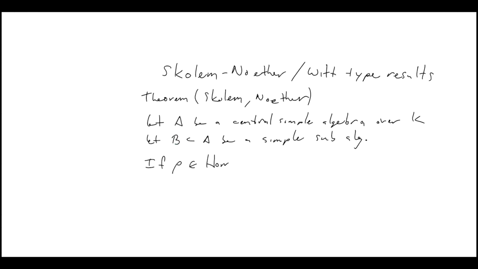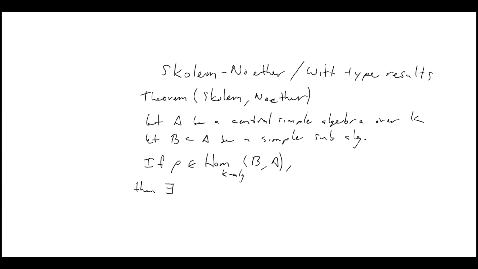Now, if we have some K-algebra embedding rho of B into A, then in fact we can find a unit a in A such that this embedding arises via conjugation.